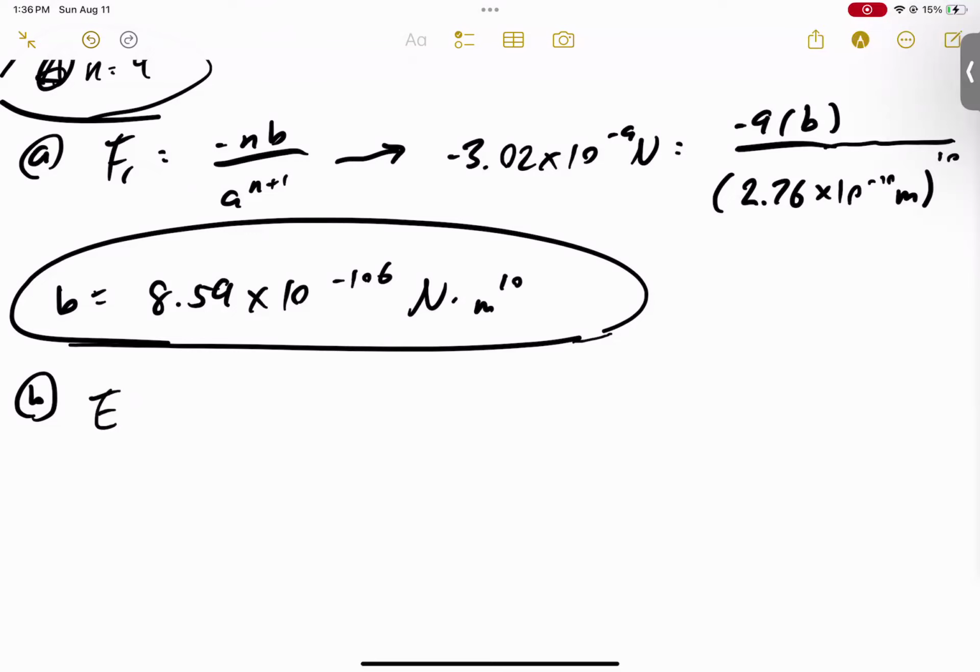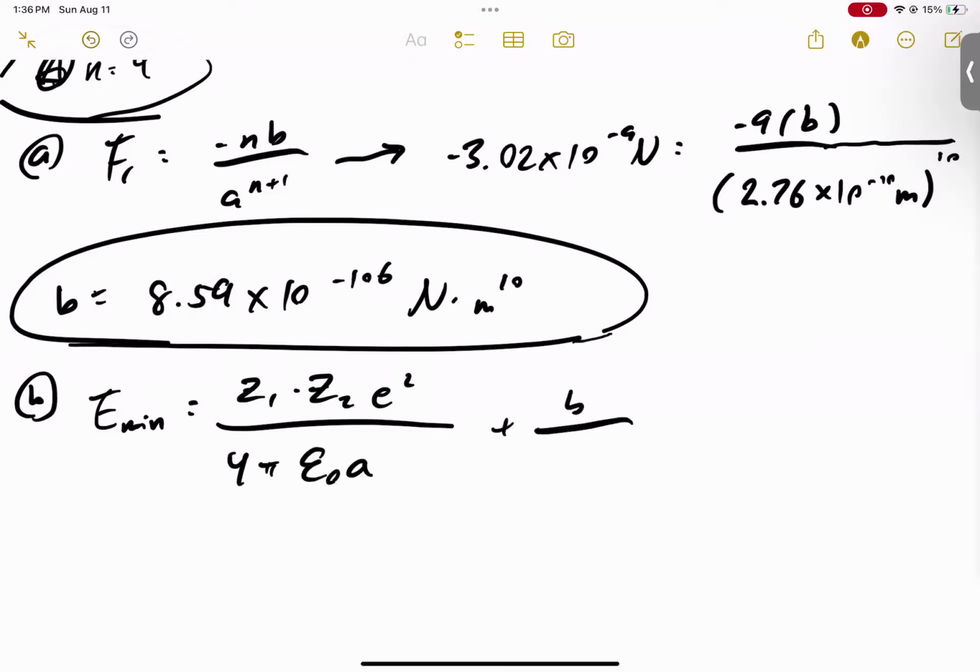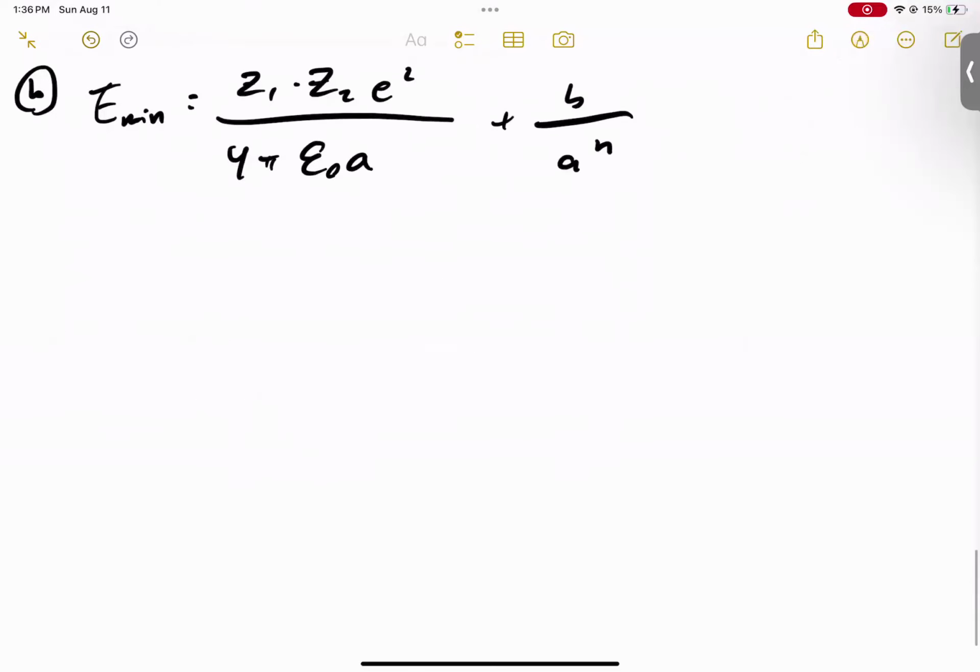So we use this equation, which I'll rewrite. Z1 times Z2 multiplied by e squared, over 4 pi epsilon r, plus B over r to the n. Now I'm just going to start plugging things in. The Z1 and Z2 will be plus 1 and negative 1, because the ions are sodium and chlorine; those are the charges of those ions.